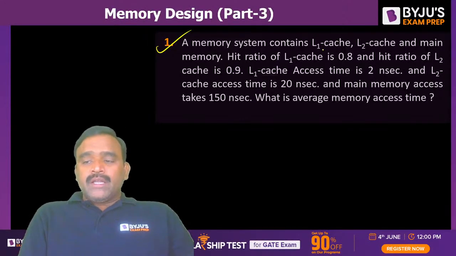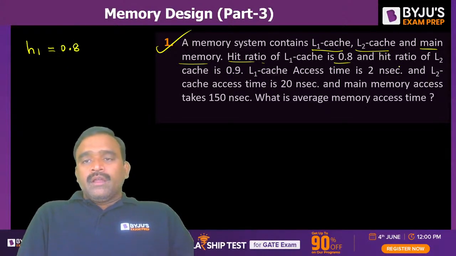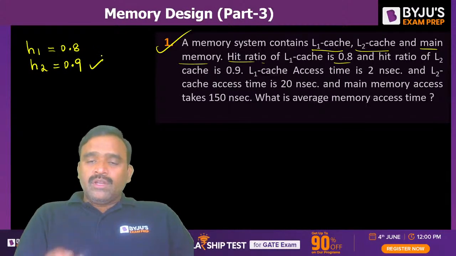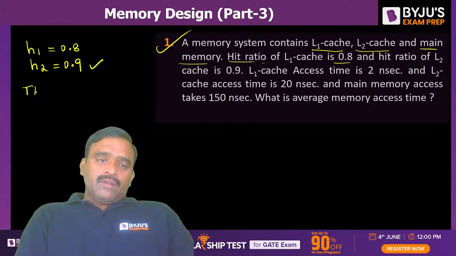A memory system contains three levels here. L1 cache is there, L2 cache is there, and main memory is there. The hit ratio of L1 cache is 0.8, so H1 is given as 0.8. The hit ratio of L2 cache, H2, is given as 0.9, and this will be taken only when there is a miss in the L1 cache. L1 cache access time is 2 nanoseconds, so TL1 is nothing but the access time for L1 cache.